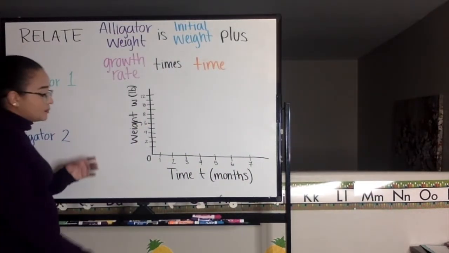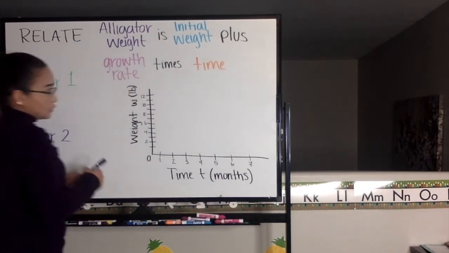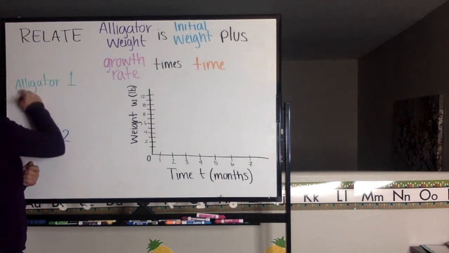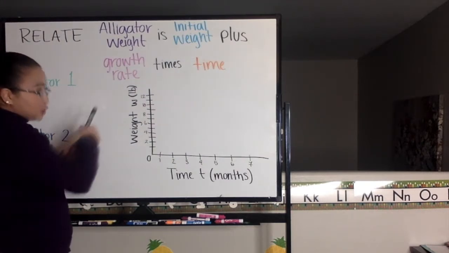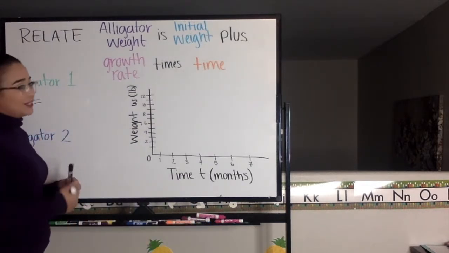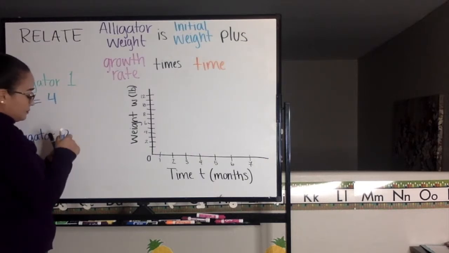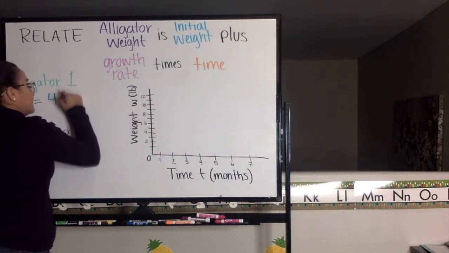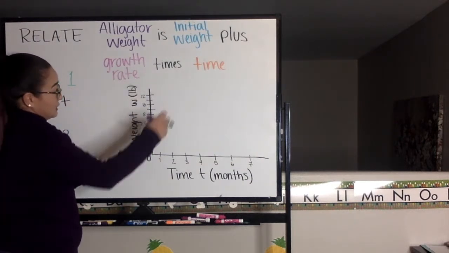We have to find the alligator weight, so we're just going to use our variable W. And we know W is equal to the initial weight, which for alligator 1 was 4. So it's going to be 4, and we are going to be adding to that the growth rate multiplied by the time.